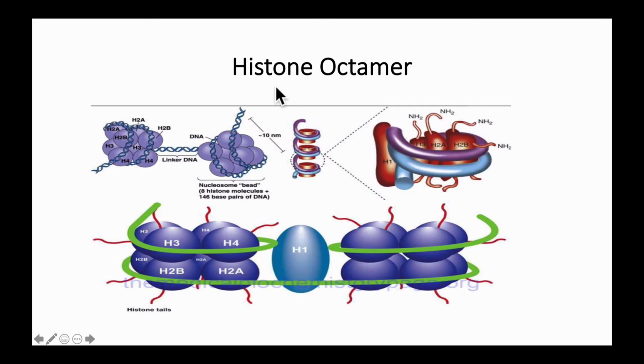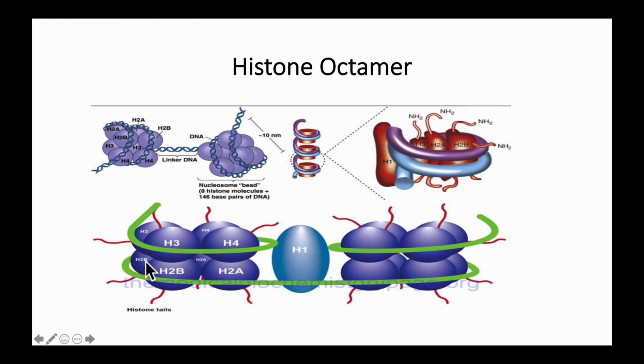So let's take a look at the histone octamers now. What I was drawing in the last slide, I told you that when an H2A and an H2B histone come together, they form a dimer. So here's one dimer. Behind that, we have another dimer, another H2A and an H2B. So we have a dimer in the back and a dimer in the front.